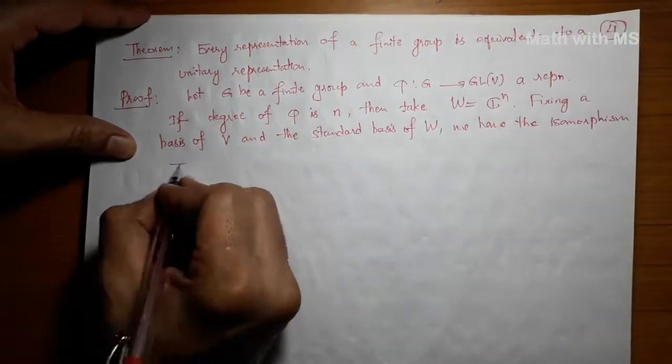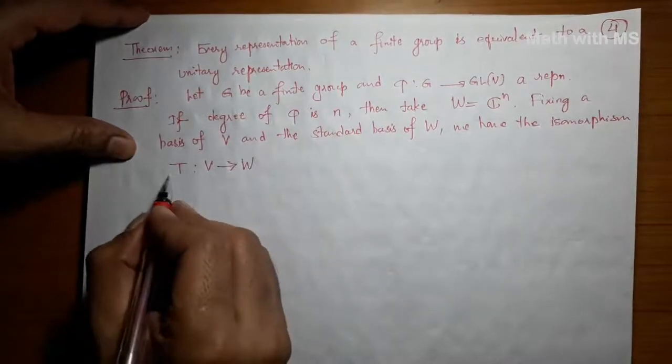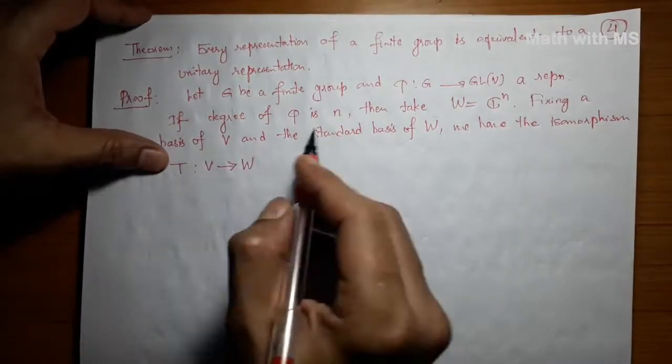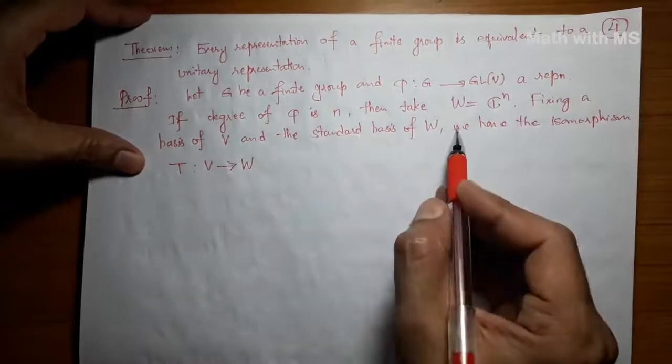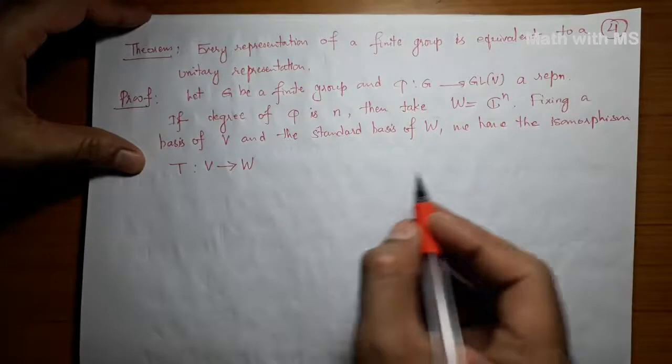Let us call this isomorphism T from V to W. Okay, so what does T do? T takes any vector v which is written as a linear span of elements of the basis of V and just maps it to the coordinates. Okay, so I am not getting into details.